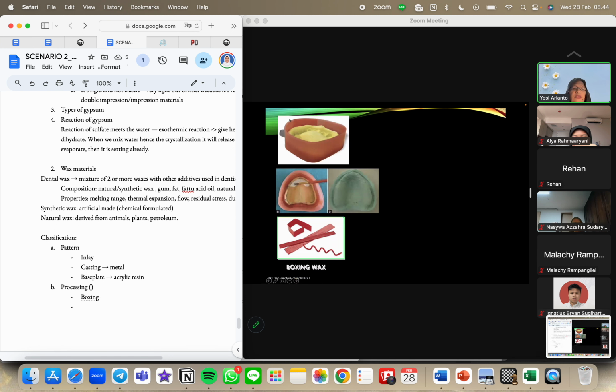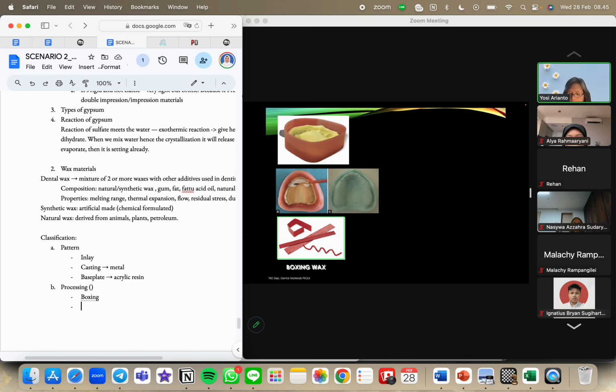After you make an impression, you put this boxing wax around it so that we can cast the gypsum, and then we have margins with a very nice finish line.